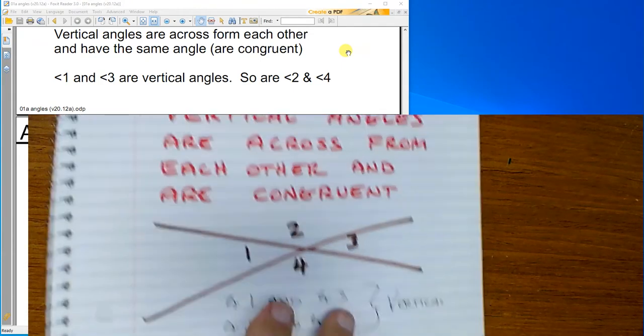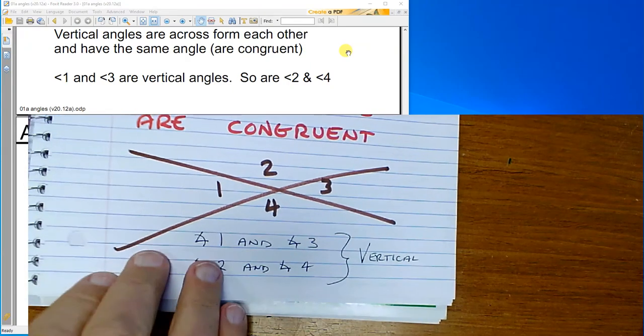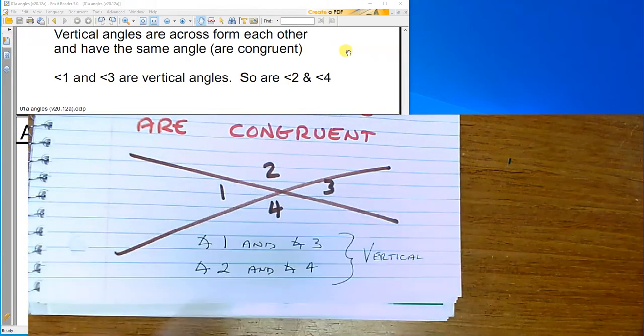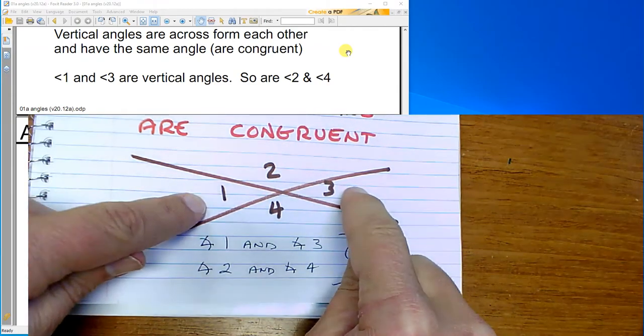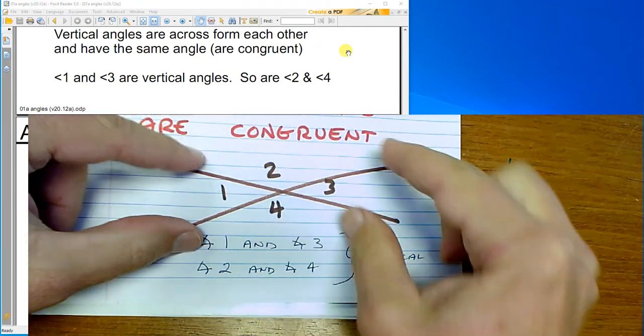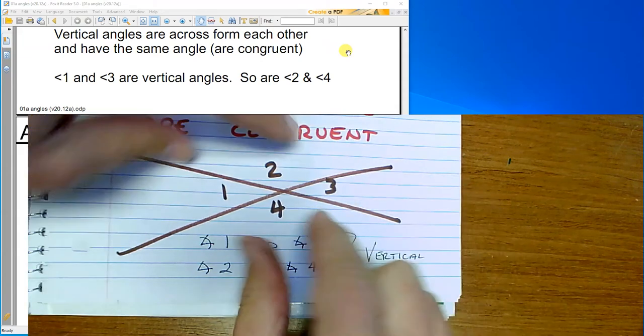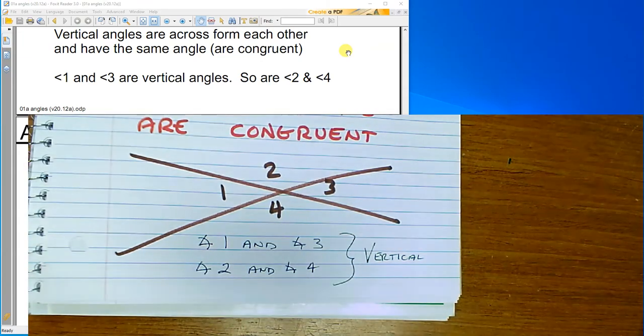Angles 1 and 3 are congruent, 2 and 4 are congruent. These are both little acute angles, these are big obtuse angles. You can see that they are congruent.